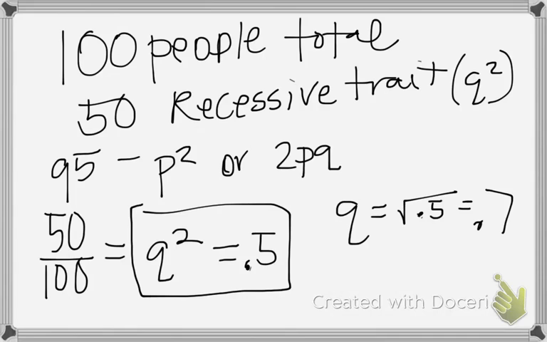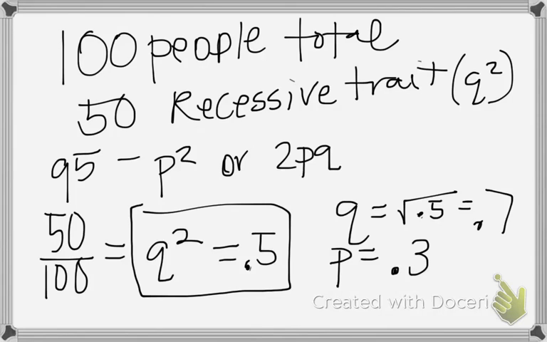And then how do I find P? That's always next. P equals 1 minus that, so that's going to be 0.3, right? Because if I do 1 minus 0.7, it's 0.3.